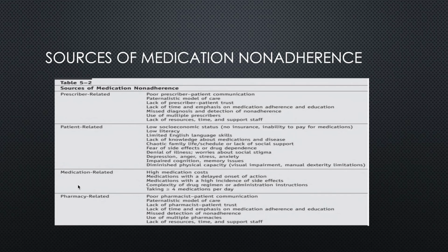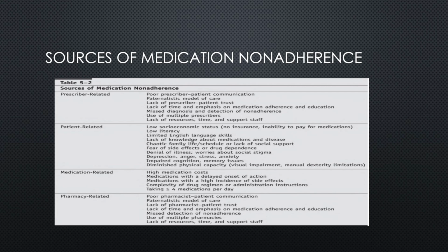Next, we have pharmacy-related sources. This has to do with the pharmaceutical aspects, right? So, what are issues in pharmacy related sources? Poor communication between the patient and the pharmacist can definitely be a contributor. Lack of pharmacist and patient trust.